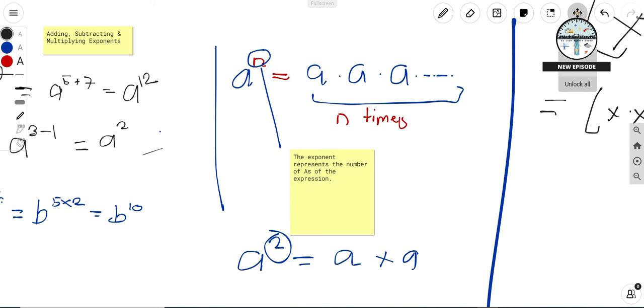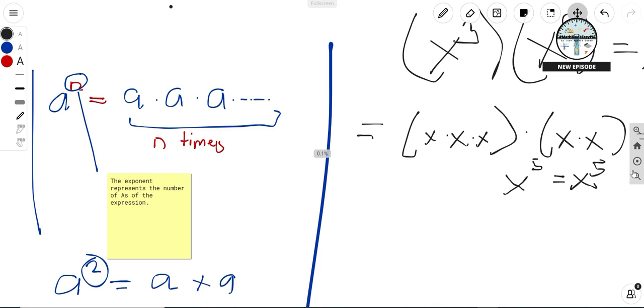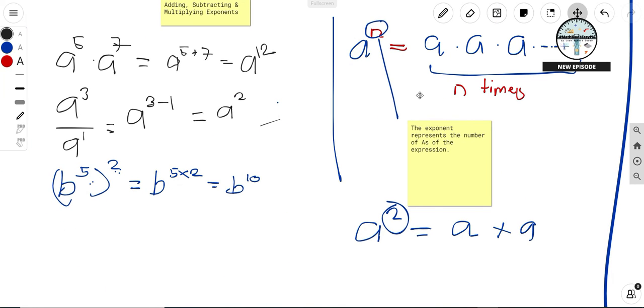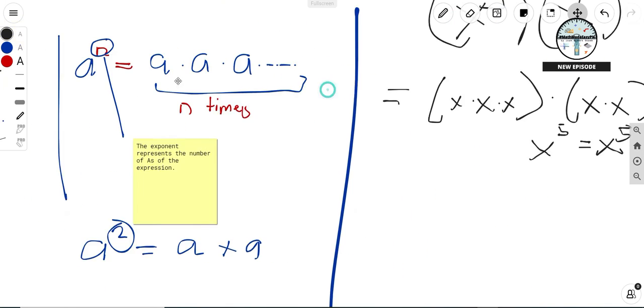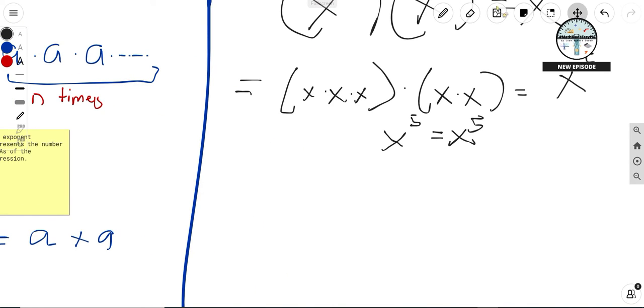Let's go to the next property: dividing expressions with the same base and different exponents. Let's say y squared divided by y.